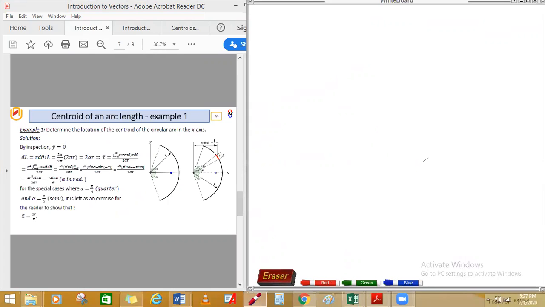Where this arc is coming from, if you look here, you have something like a triangle, but at the tip it's like this. You can think of it as a triangle. Here you have your angle. Let's say you have a right angle there, just for illustration. The angle that you have here is your theta.